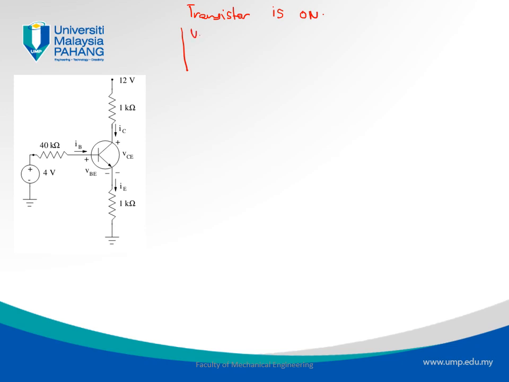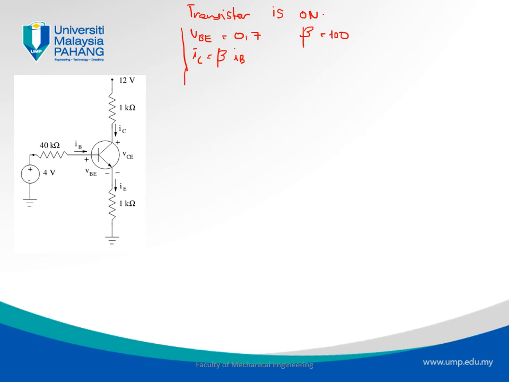The first one is that VBE equals 0.7, since we consider a silicon semiconductor. The question also says that beta equals 100. What is beta? Beta is the gain coefficient, where IC equals beta IB, right? That's the second characteristic that we're going to use.